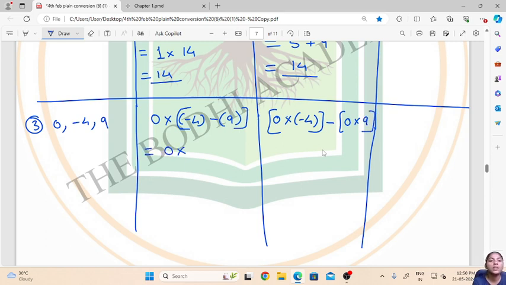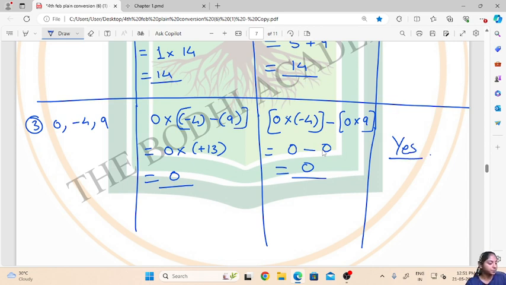We have 0 over here. So minus 4 minus 9 we will get as minus 13, and then 13 into 0 is 0. Over here we have 0 into minus 4, that is 0, minus 0 into 9, that is again 0. So we have the answer as 0. So yes, it is true.